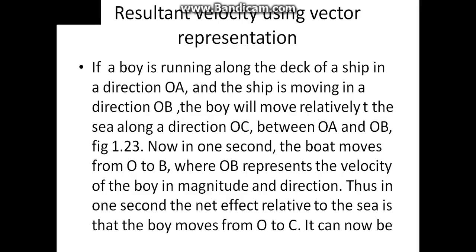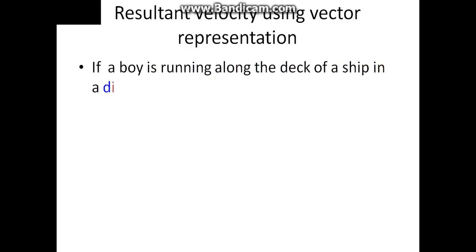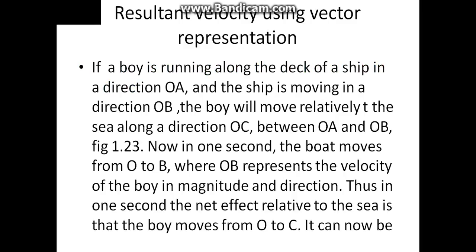Figure 1.23. Now in 1 second, the boat moves from O to B, where OB represents the velocity of the ship in magnitude and direction. Thus, in 1 second, the net effect relative to the sea is that the boy moves from O to C.